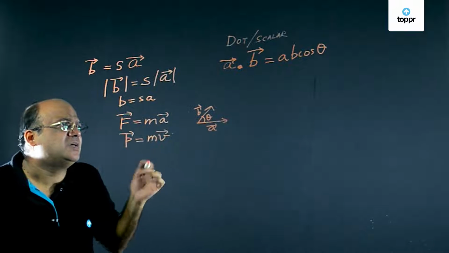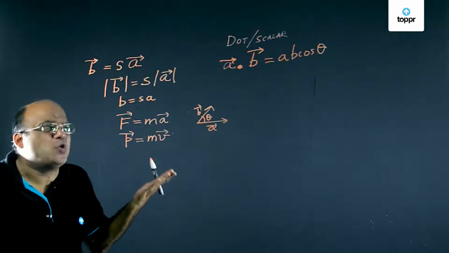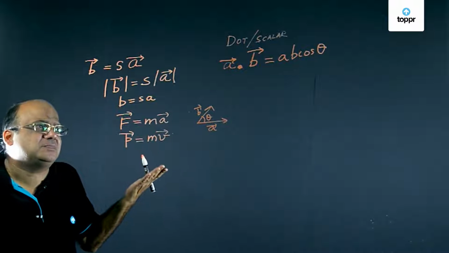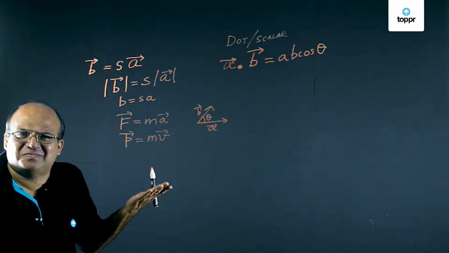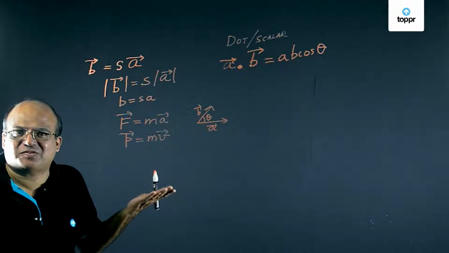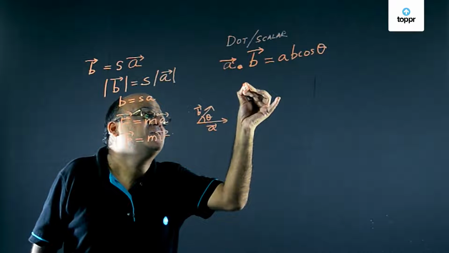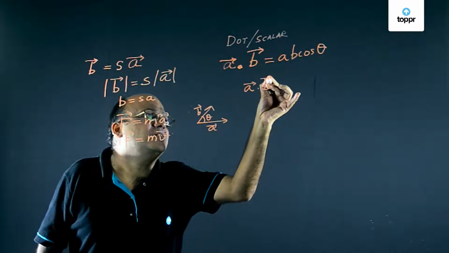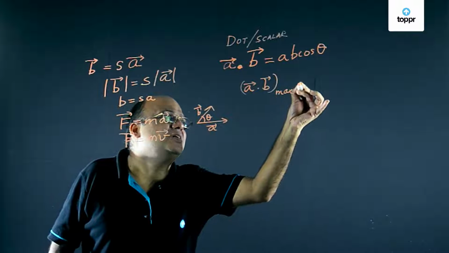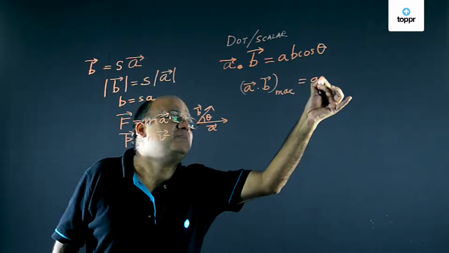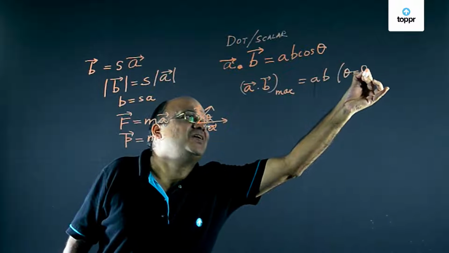Now, suppose theta is variable. When will dot product be maximum? When is cos theta maximum? When theta is 0 degrees. Cos of 0 is 1. So A vector dot B vector maximum, when theta is variable, will be equal to AB, and that happens when theta is 0 degrees.